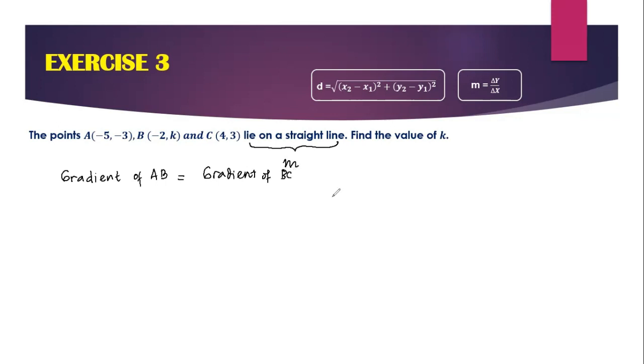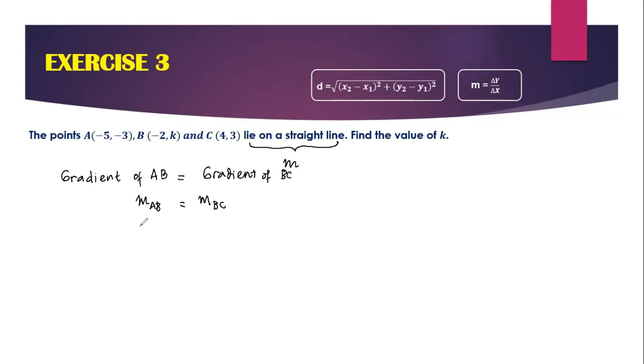Okay, that's the concept. Because three of these vertices lie on a straight line, means they have the same gradient. Okay, means the gradient of AB equal to the gradient of BC. Understand, everyone?